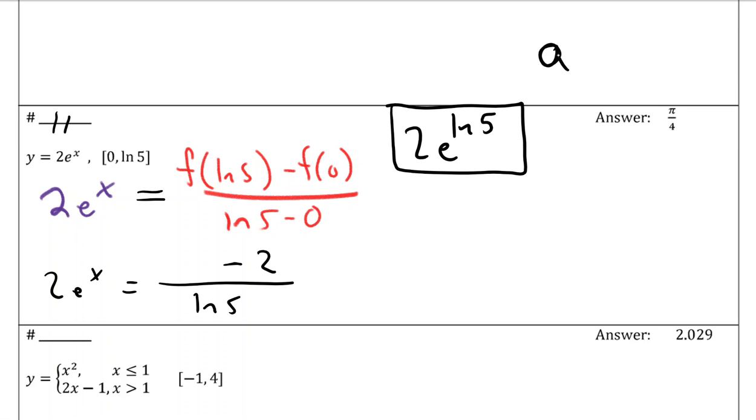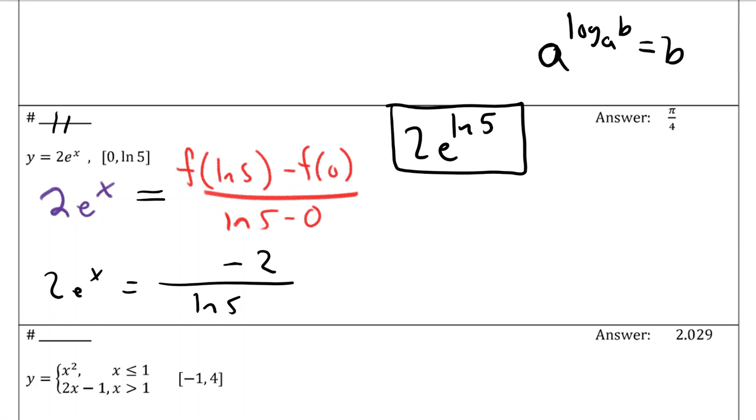So do you remember in a logarithm when you have a number and its exponent is log base of the same thing? Do you remember how that simplifies? Does anybody remember that? Right, it just ends up being whatever you're taking the log of.